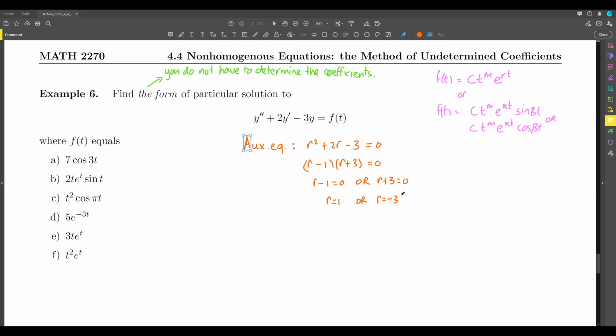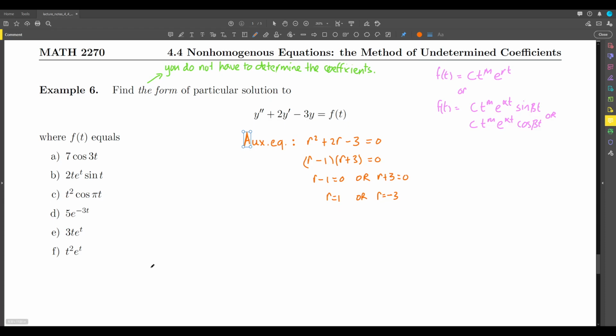So right off the bat, we see that the auxiliary equation has two real solutions. So when the right-hand side has a sine or a cosine, we never have to worry about that t to the power 1, because alpha plus or minus beta i is a complex root, and there are only real roots here.